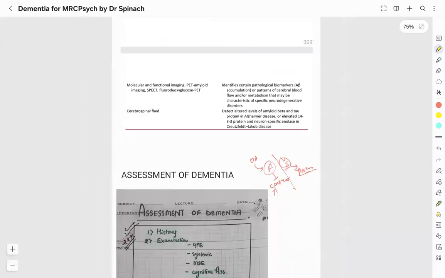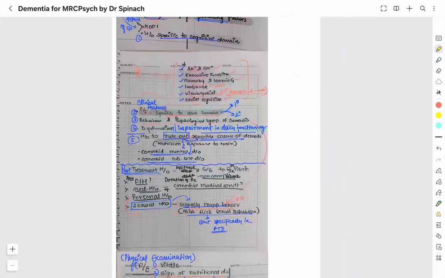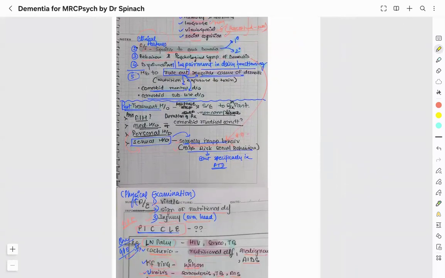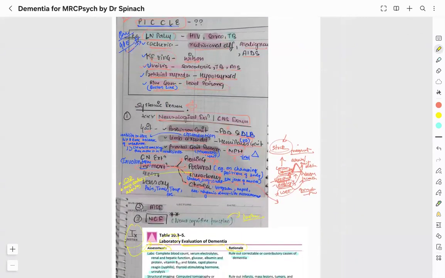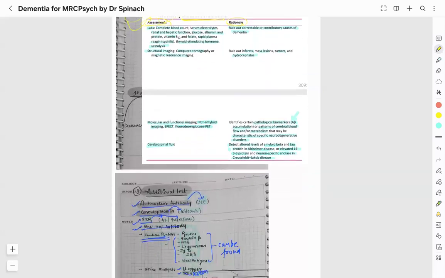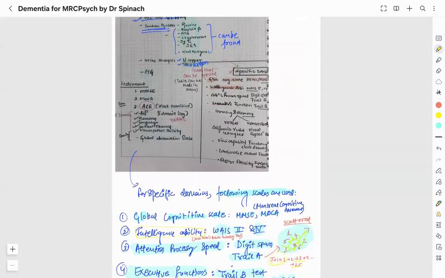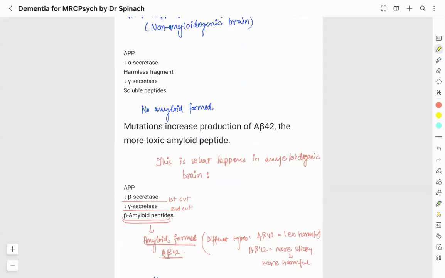Then we went on to see the assessment of dementia. We took the history: HOPI, medical, surgical, past treatment, and personal history. We did the examination of the patient, the systemic examination, then laboratory testing and additional testing, and then we reached the diagnostic formulation.